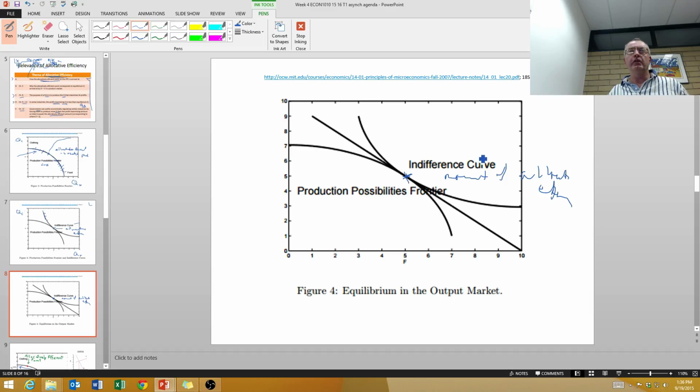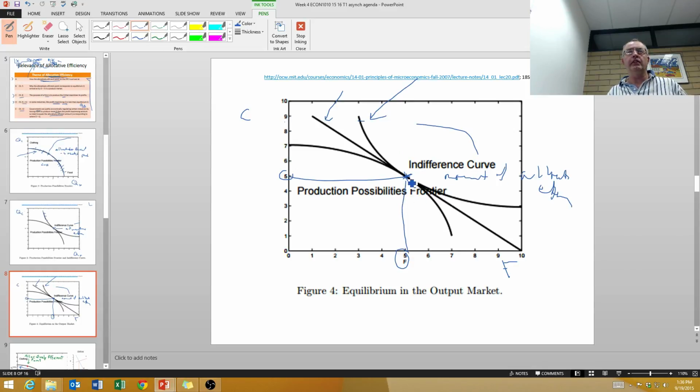When society spends all of its income on these two products, clothing and food, it wants to purchase this quantity of food and this quantity of clothing based on the total amount of income available in the society and based on the relative prices of clothing to food as represented by the slope of this point of tangency.